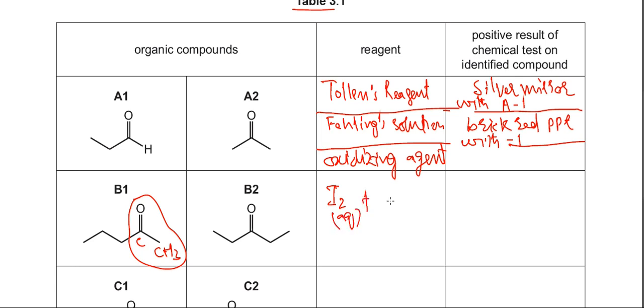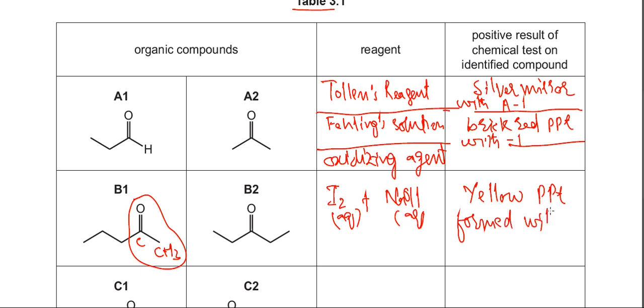So we take aqueous alkali and aqueous iodine. This is called aqueous alkaline iodine, and it will only react with the CH3CO group, giving a yellow precipitate. So only B1 has that part, so we can say a yellow precipitate formed with B1, not with B2.